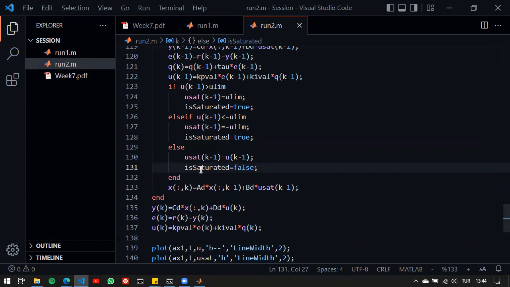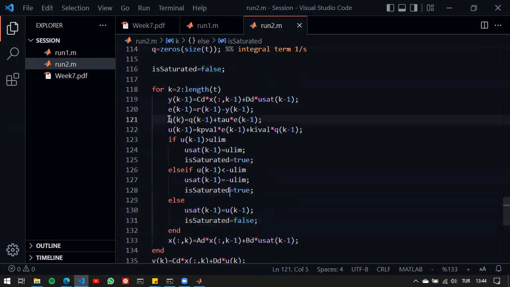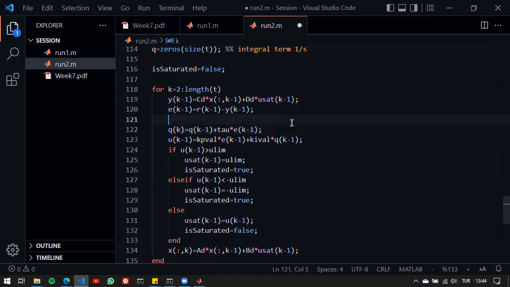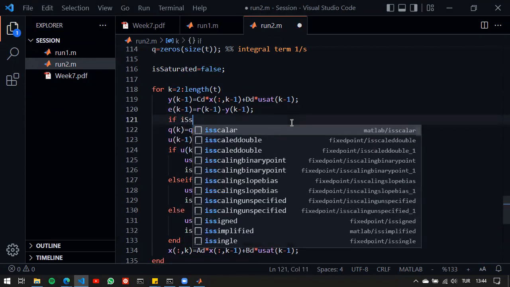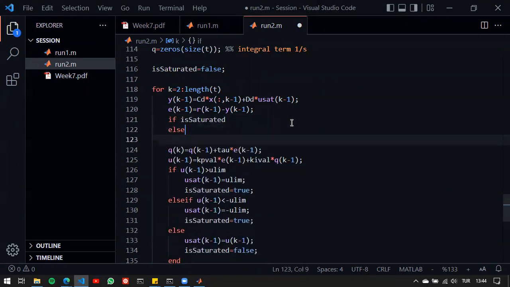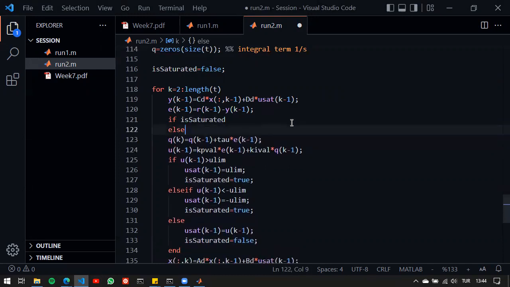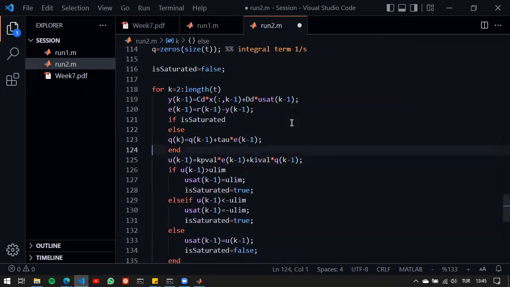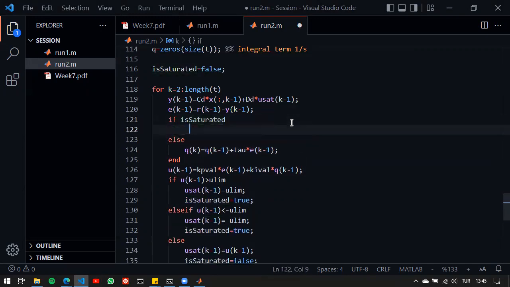Now, this is the flag determination part. But because this is the integrator, what we should do is disable the integrator. So we can do the following. If it's saturated, do this, otherwise do something else, and then end. So what should we do here now? In this case, it should take the integral, but if it's saturated, the integral should not grow.